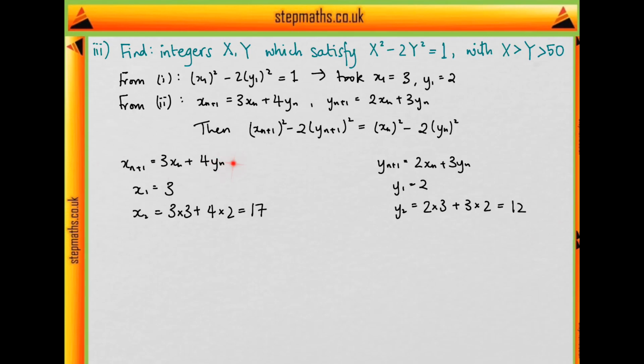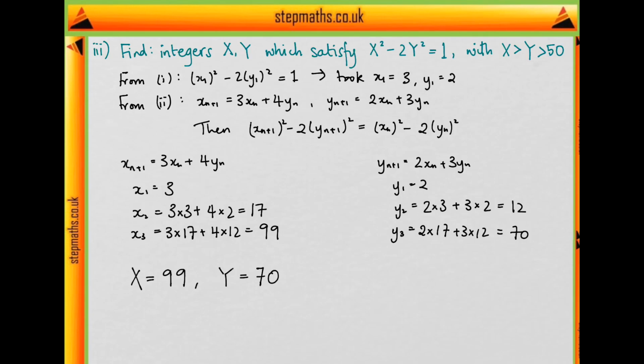And if we use these formulas again, with x2 equal to 17 and y2 equal to 12, then for x3 and y3, we have values which are greater than 50, and so we can take x equals 99 and y equals 70.